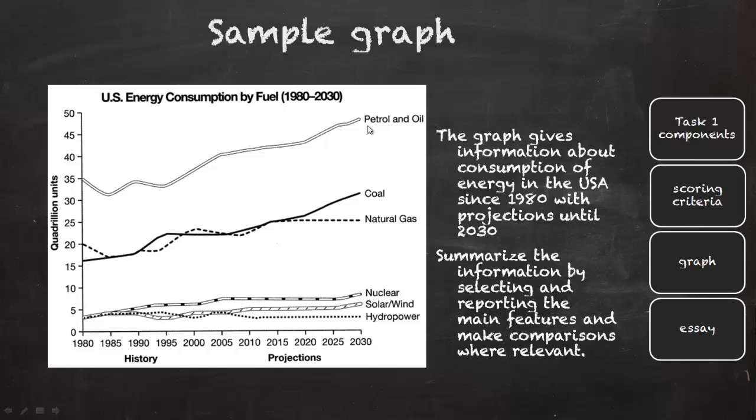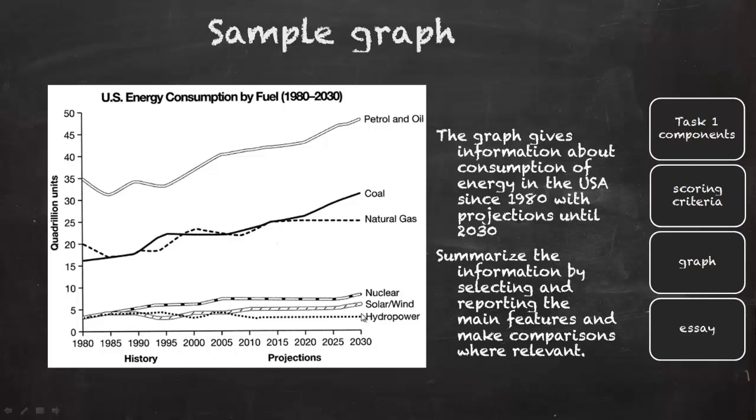You can also see that coal and natural gas are sort of in the middle, and the least consumed energy fuels are nuclear, solar, and wind and hydropower. You can also notice that these are not really rising. In case of hydropower, which is just another word for water energy, that is generated from water, it has leveled off here. It's not rising, it's not falling, it just has leveled off here. At least that's what the projections show.